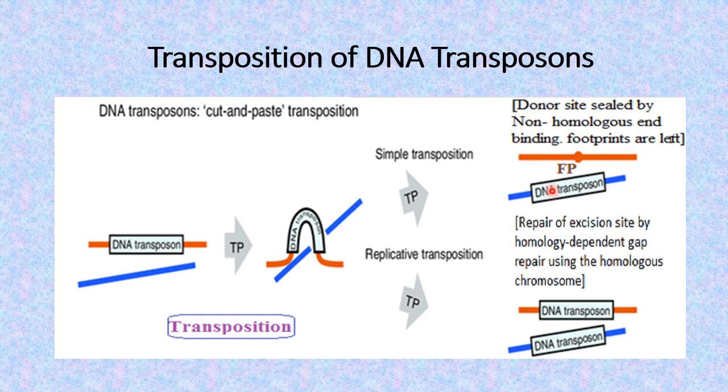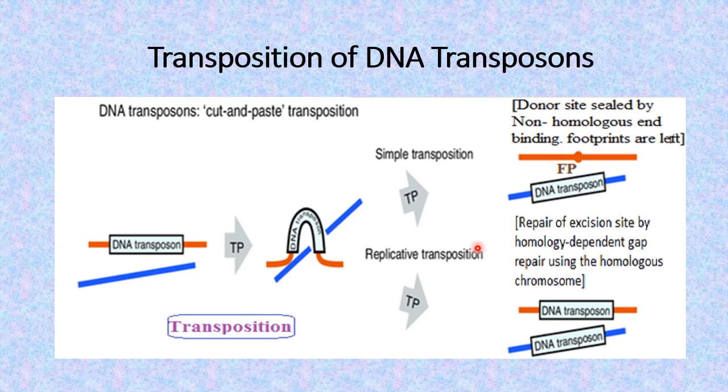Now, in such a case, at the donor site, the flanking direct repeats join with each other, they ligate with each other, and a footprint is left at this point, a footprint which denotes the site where the DNA transposon was present.